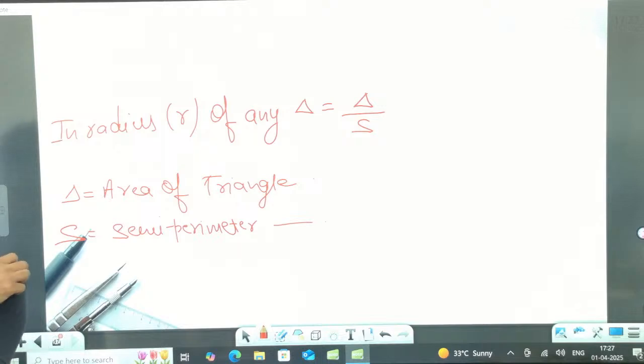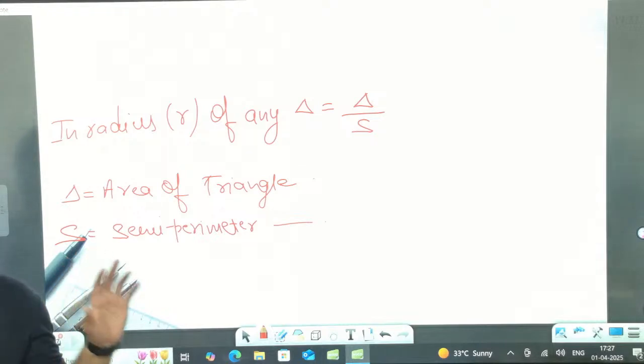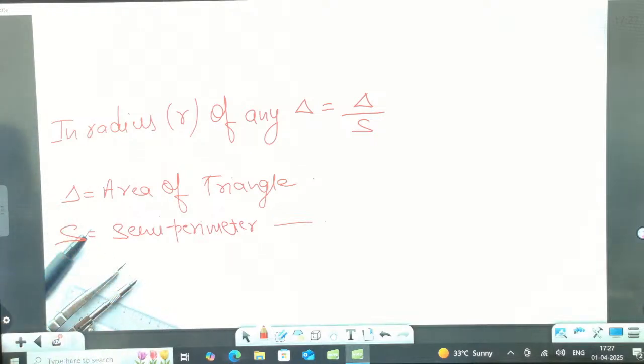S is semi perimeter of triangle. Okay, so by using this formula delta by s we can find the inradius of any triangle, whether it is equilateral, isosceles, right angle triangle, whatever. Okay, so this is universal formula for finding inradius in any triangle. This is very important. Sometimes they ask directly or sometimes they give the questions.